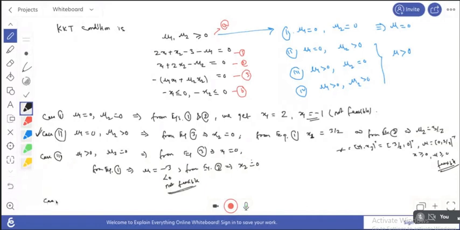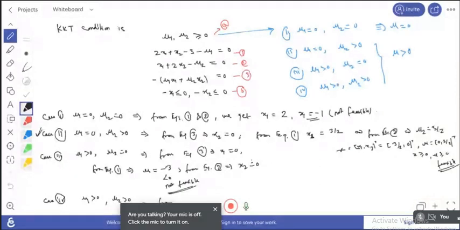So case 3 is also not feasible. Okay, so now go to case 4. Case 4 is mu1 greater than 0, mu2 greater than 0. Okay, so now from equation 3, if both are greater than 0, then we can try to find one value in terms of the other.